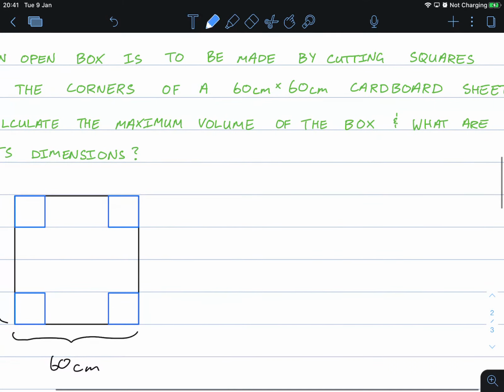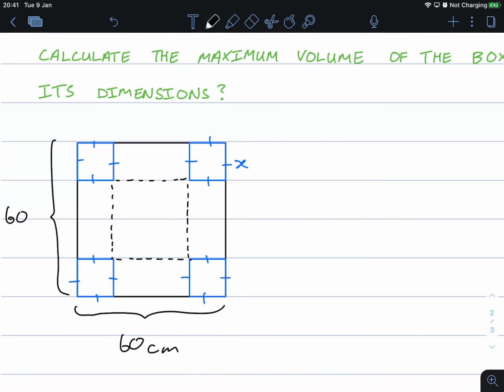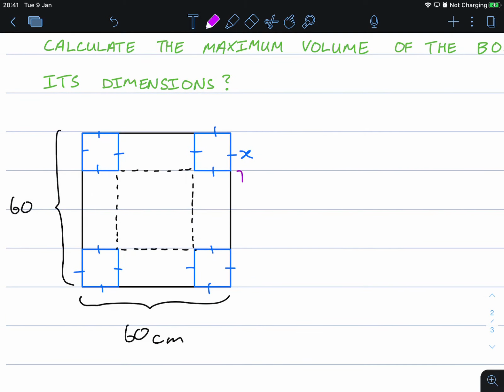There we go. Now for the lengths of these squares, we actually don't know what they are. So let's just let them equal some variable at the moment, x. Let's fill in what we can see from this diagram. Now let's include also the new lengths that we have.